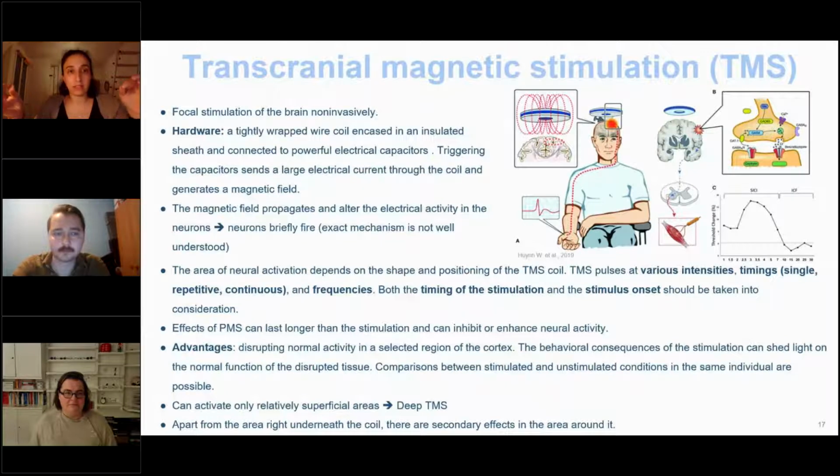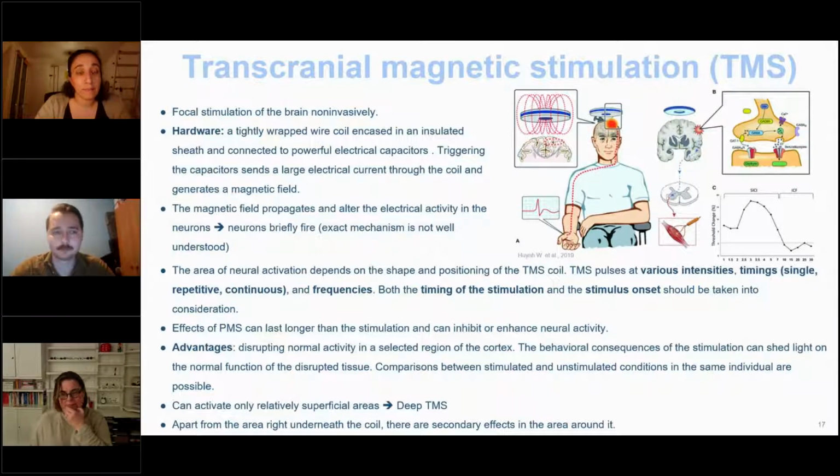This magnetic field can propagate inside the brain and alter the activity of the neurons. For example, a brief magnetic field is going to cause the neurons to fire, although we are not really sure how this is done, for example whether it causes the axons or the soma to depolarize.